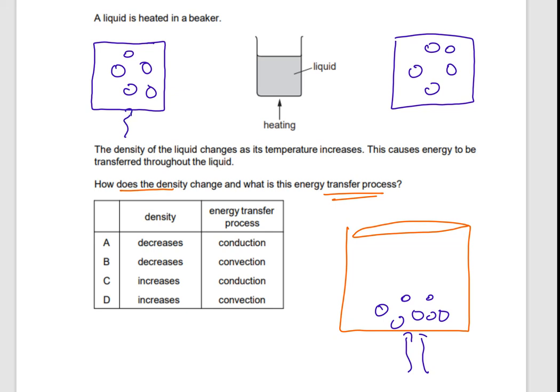But if you start heating it up, the air molecules will gain energy and start to move farther apart. The equation for density is mass divided by volume.